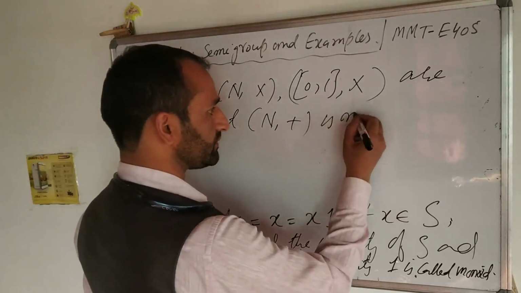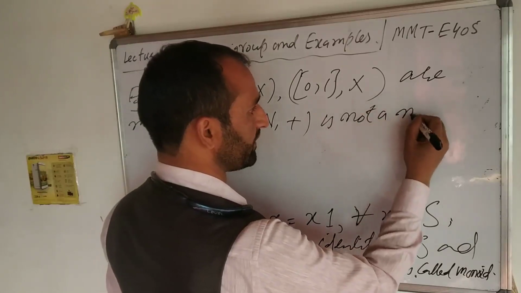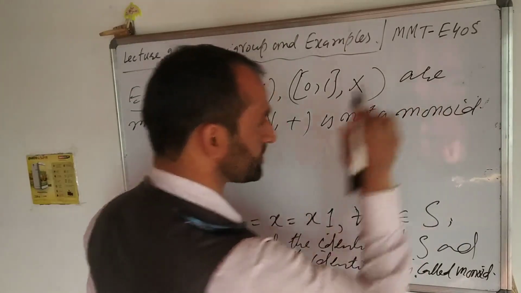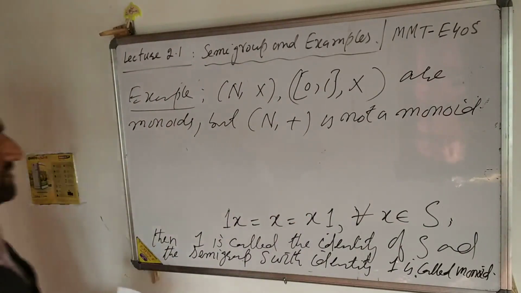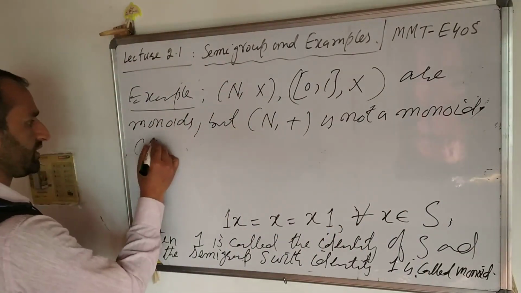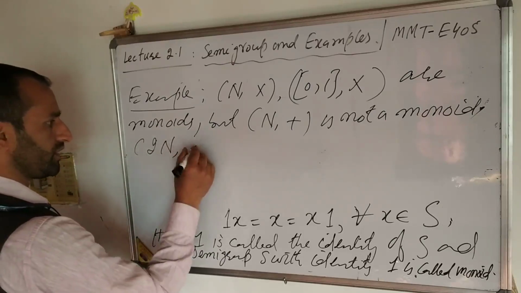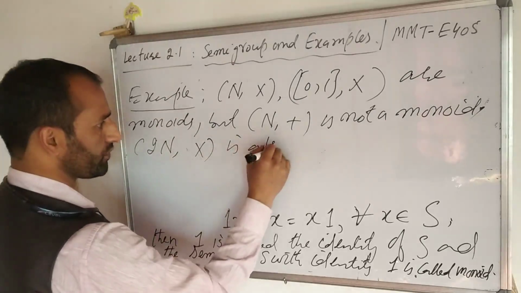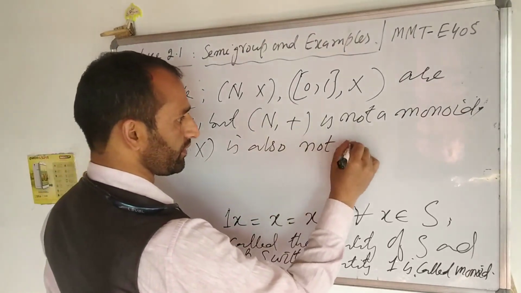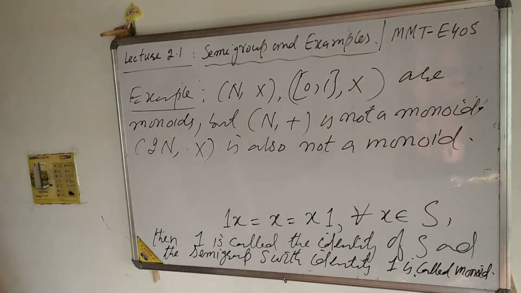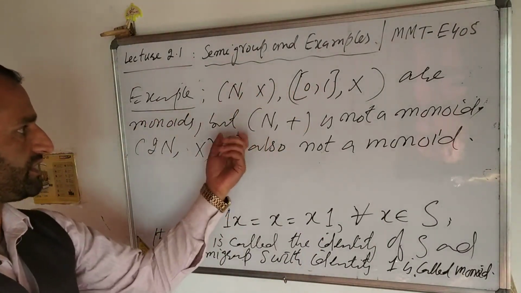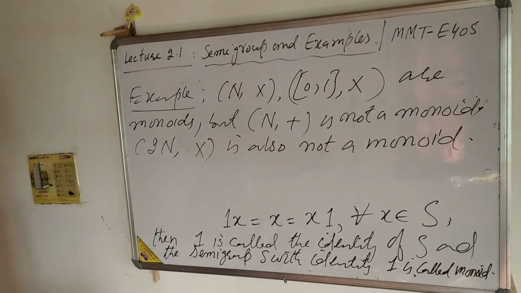The set of even natural numbers with multiplication is also not a monoid. It's a semigroup but not a monoid. So these are examples of monoids, and these are examples of semigroups which are not monoids.